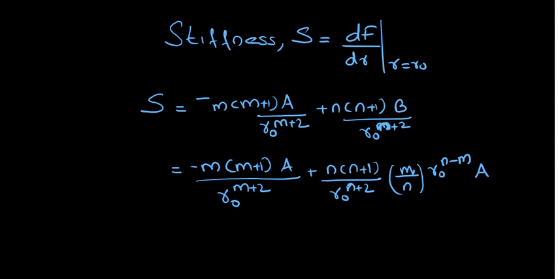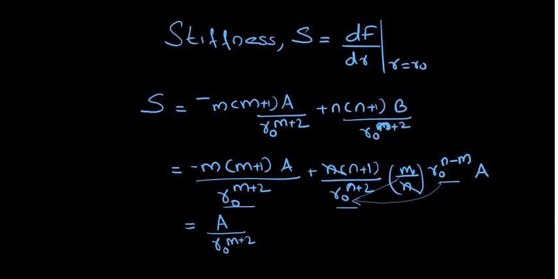So a is a common factor, you can take it outside, and you can see that n and n get cancelled. This term, r0 power n minus m divided by r0 power n plus 2, is nothing but 1 by r0 power m plus 2. So r0 power m plus 2 is common in both the terms, so I take it outside.